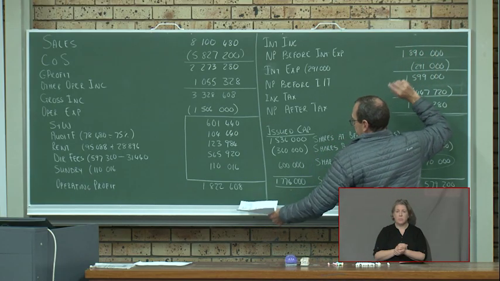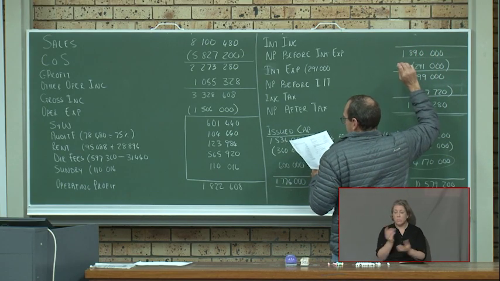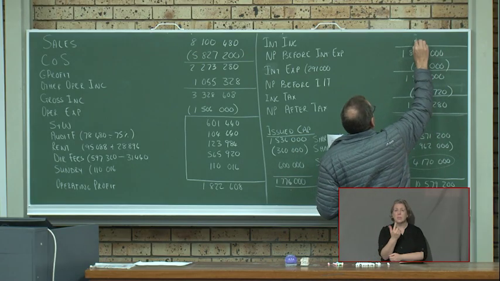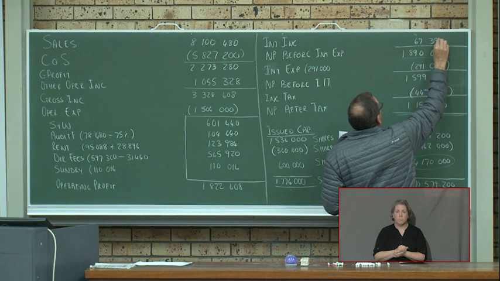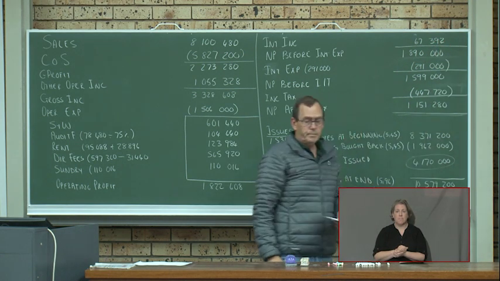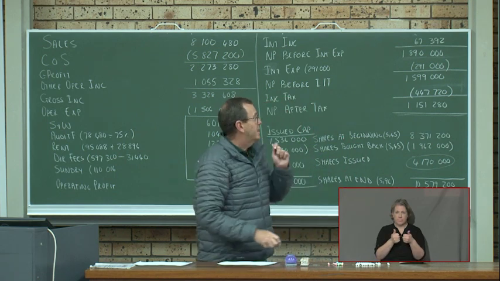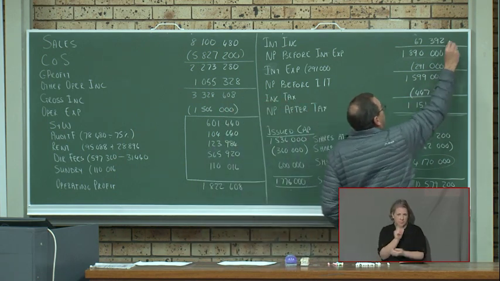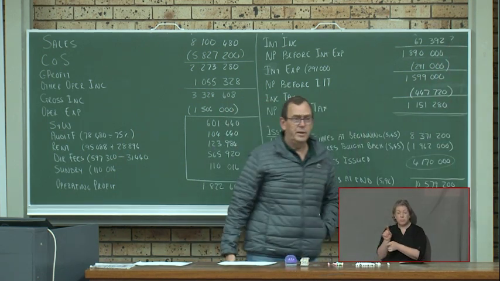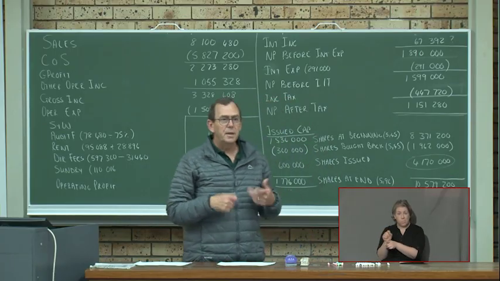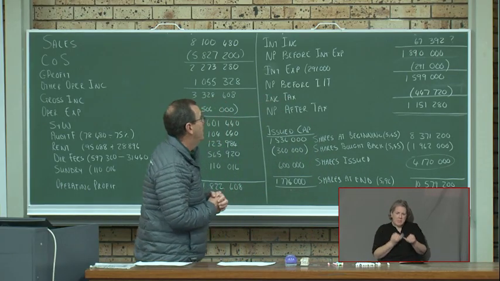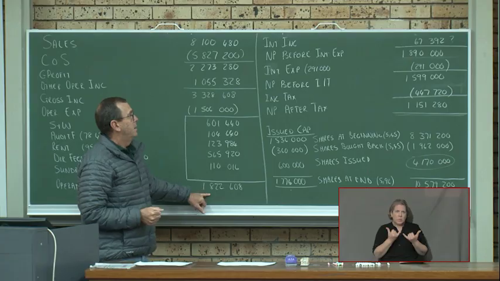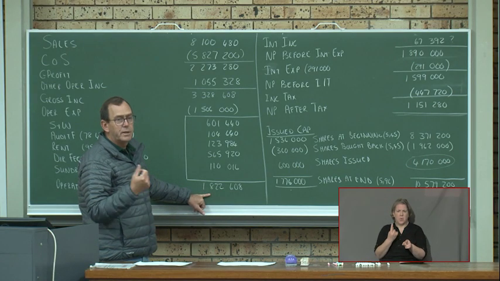And now the difference between those two figures is 67392. So this was your balancing figure. Sometimes you make a mistake. And now you get here 1,950,000.